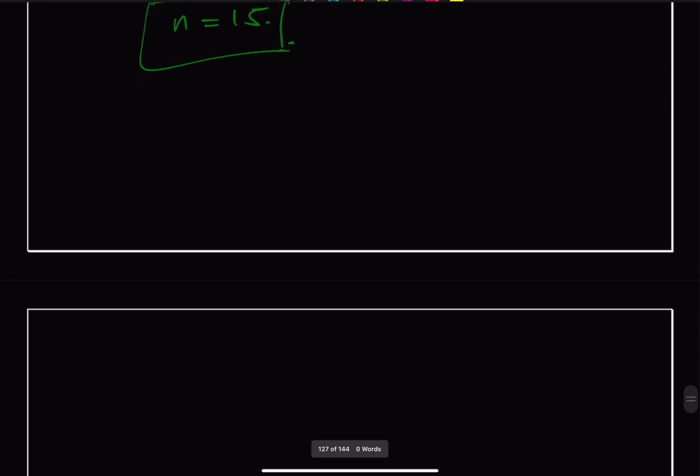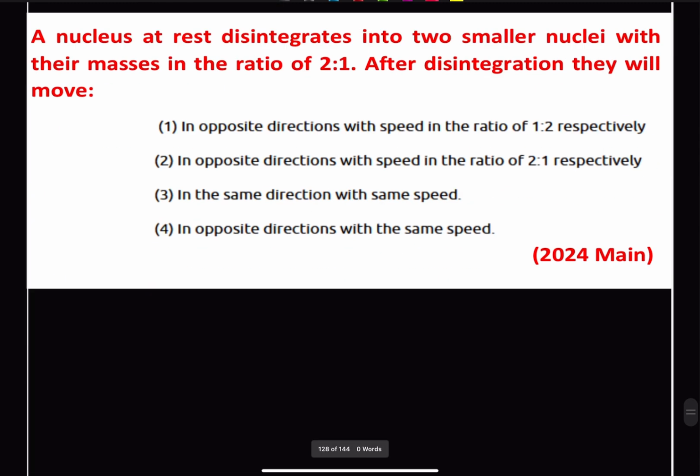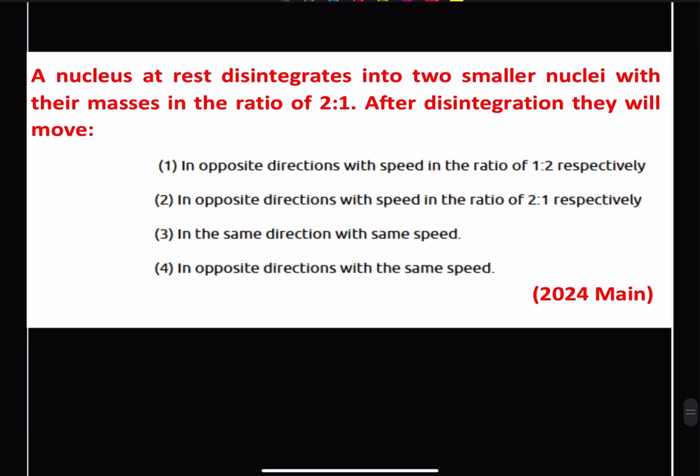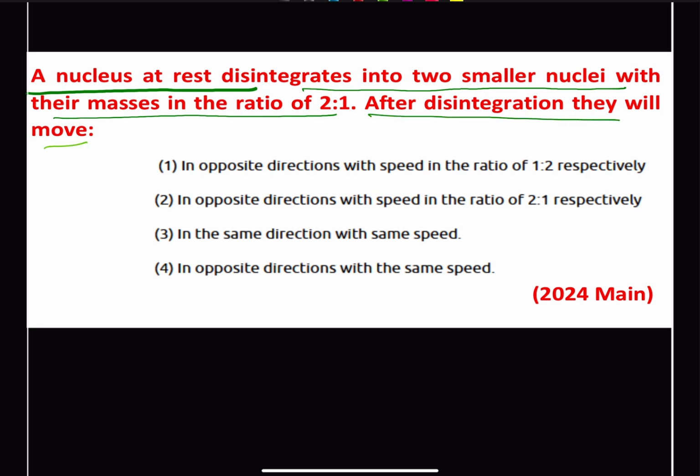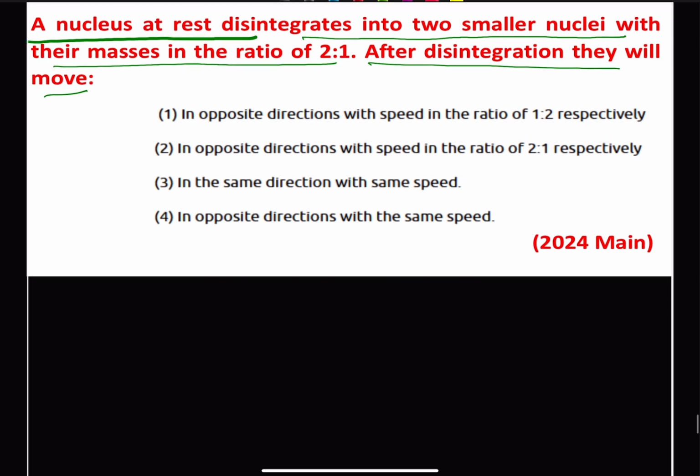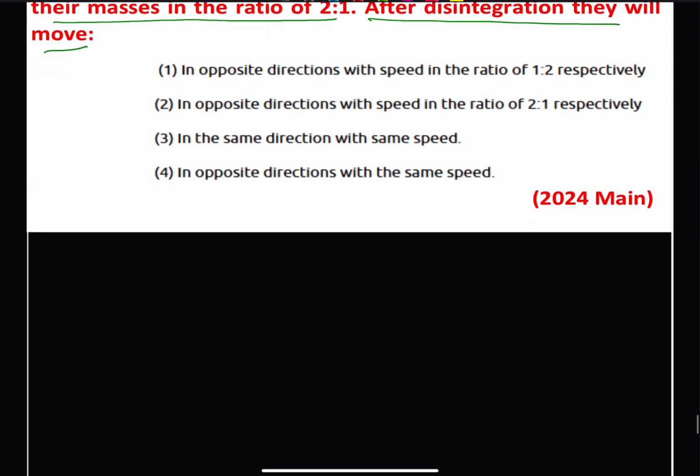Next question. It states that a nucleus at rest disintegrates into 2 smaller nuclei with their masses in the ratio 2:1. After disintegration, they will move. We have to find the velocity as well as direction. So we have a bigger nucleus, and it disintegrates into 2 nuclei.